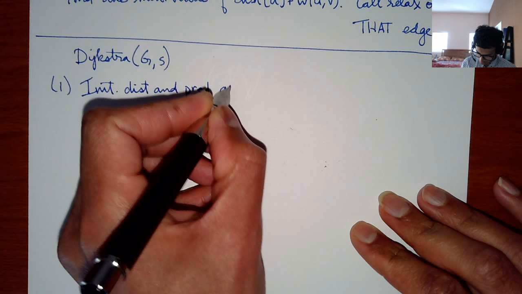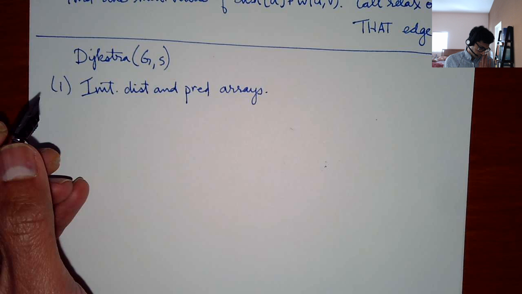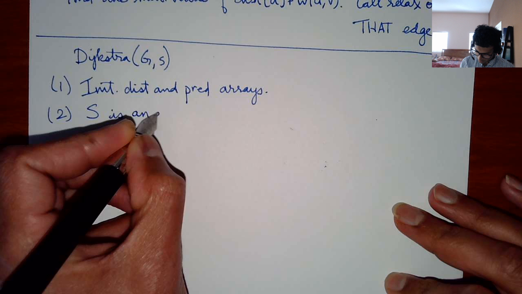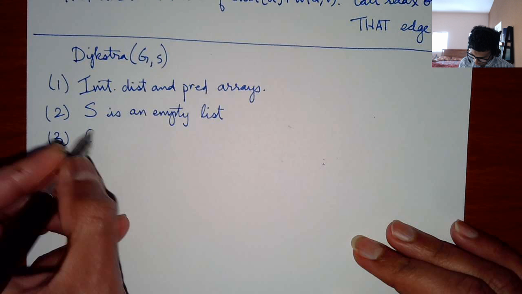And well, okay, this is useful. S is an empty list. So S is exactly the set that I described earlier. This is the set where all things are found. And then the crucial data structure is Q, a priority queue.